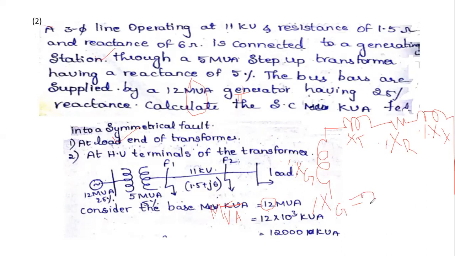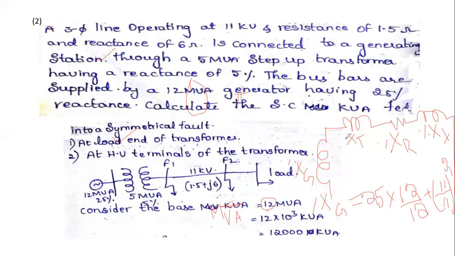That is 25 for the generator. 25 into the base MVA, 12, by the rating for that generator, 12 MVA, into KVA is 11 by 11 whole square.